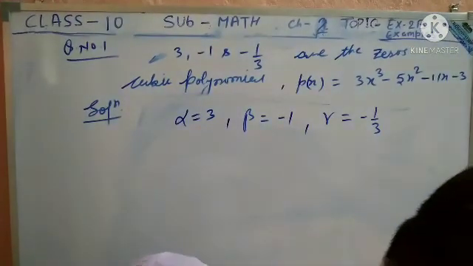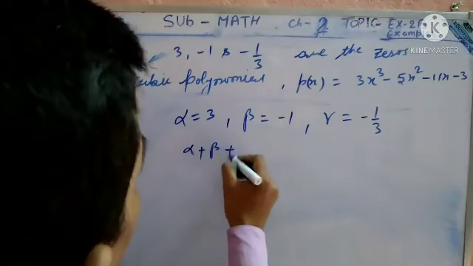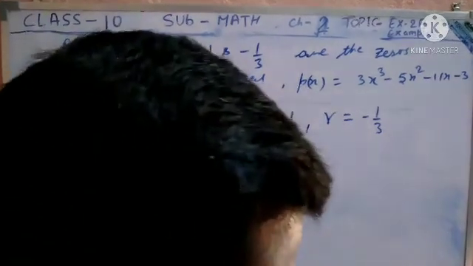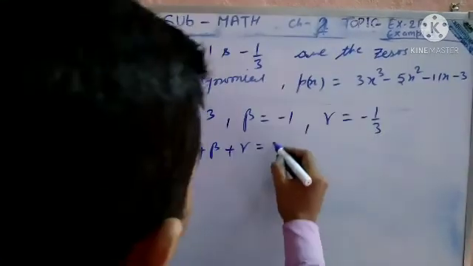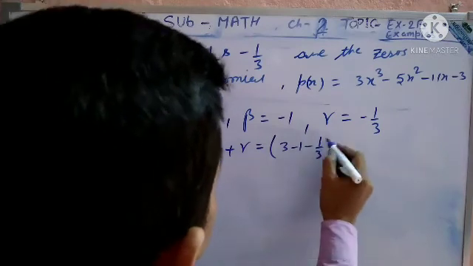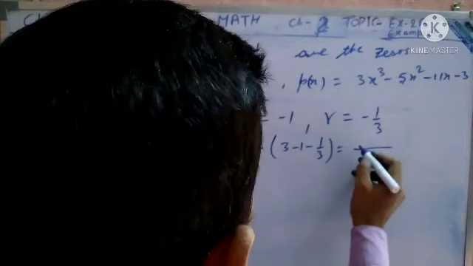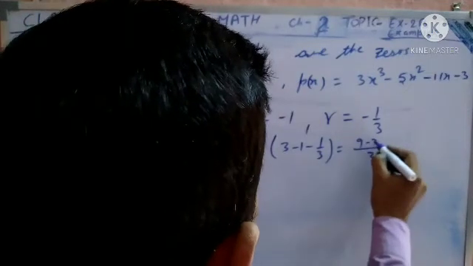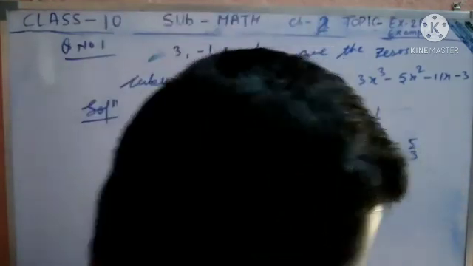So now alpha plus beta plus gamma is equal to 3 minus 1 minus 1 by 3, taking LCM 3, that is 9 minus 3 minus 1, that is 5 by 3.